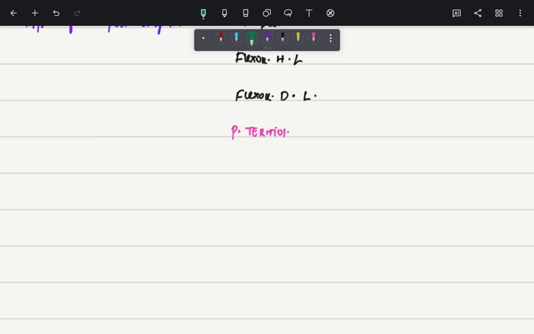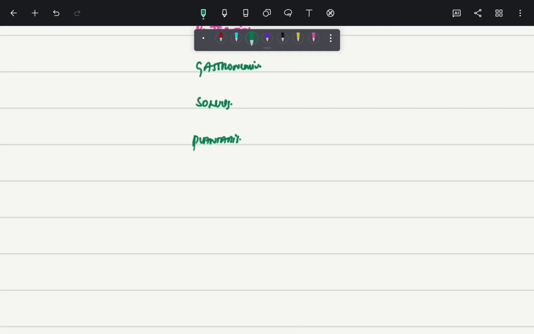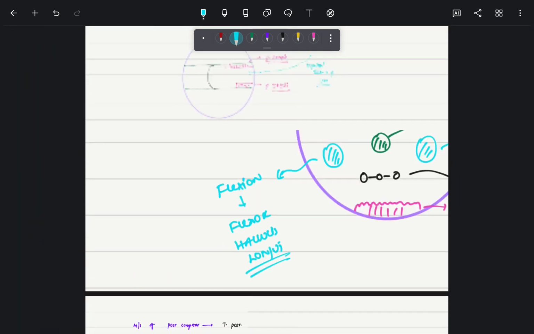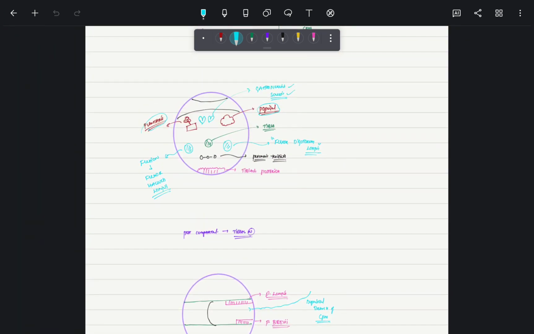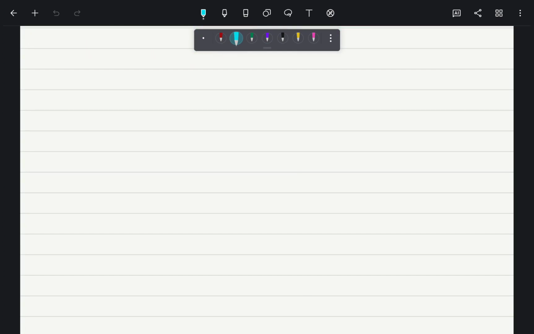And the most important four muscles here are your gastrocnemius, soleus, plantaris, and what was the other one? Popliteal.